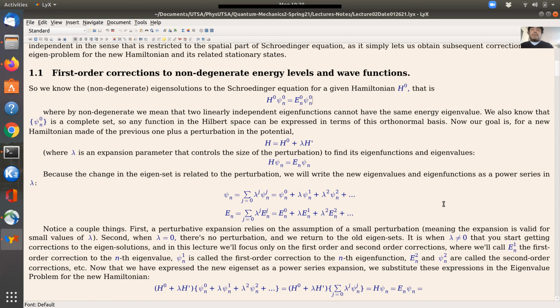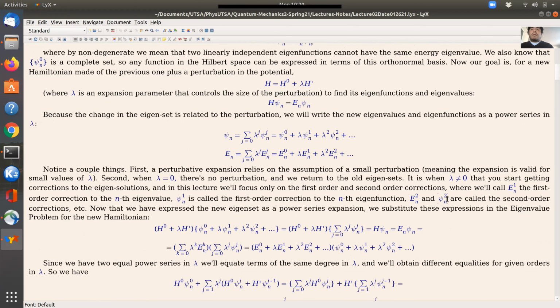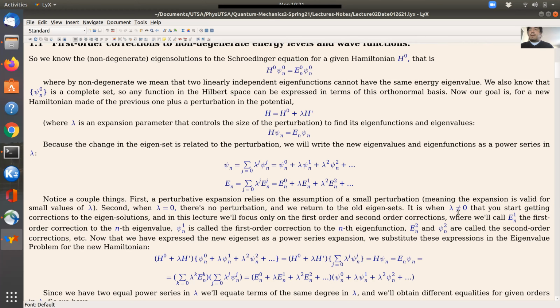There are some things that we must keep in mind. The first one is that you're doing a perturbative expansion. When are you justified to do this? Heuristically, you're justified by assuming a small perturbation, so the expansion parameter should be small. The expansion is valid for small values of lambda.